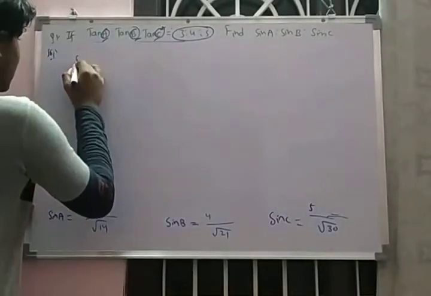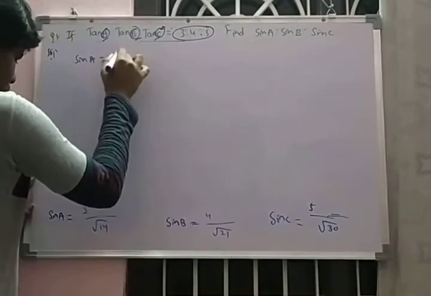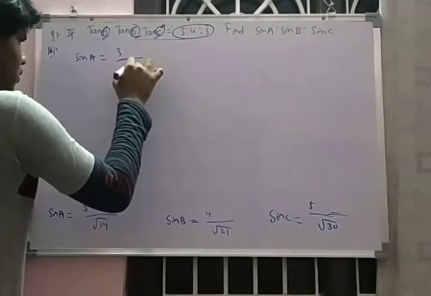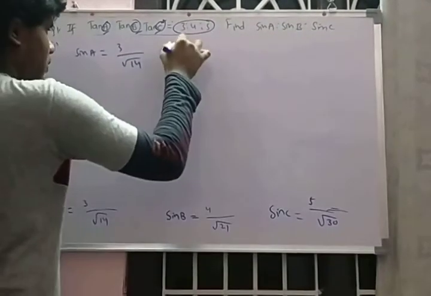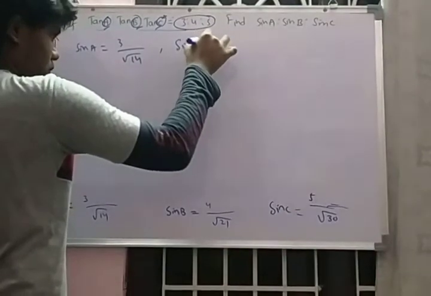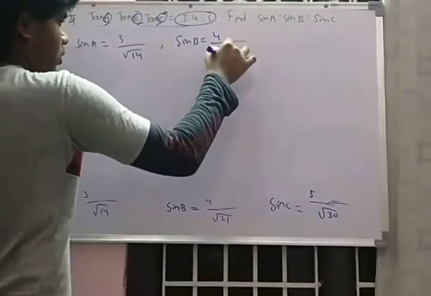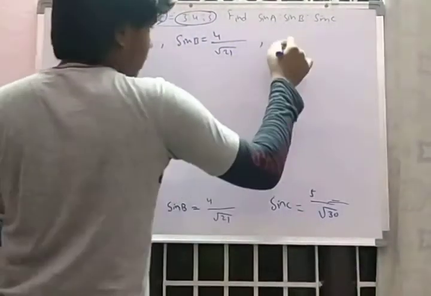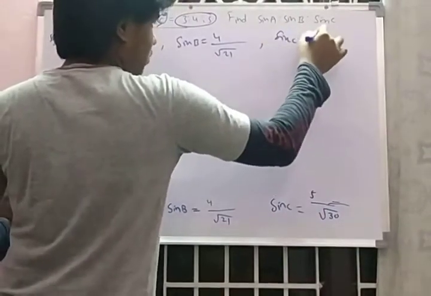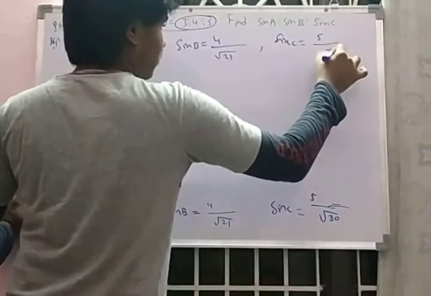Sin A is equal to 3 by root 14 and sin B 4 by root 21, comma, sin C is equal to 5 by root 30.